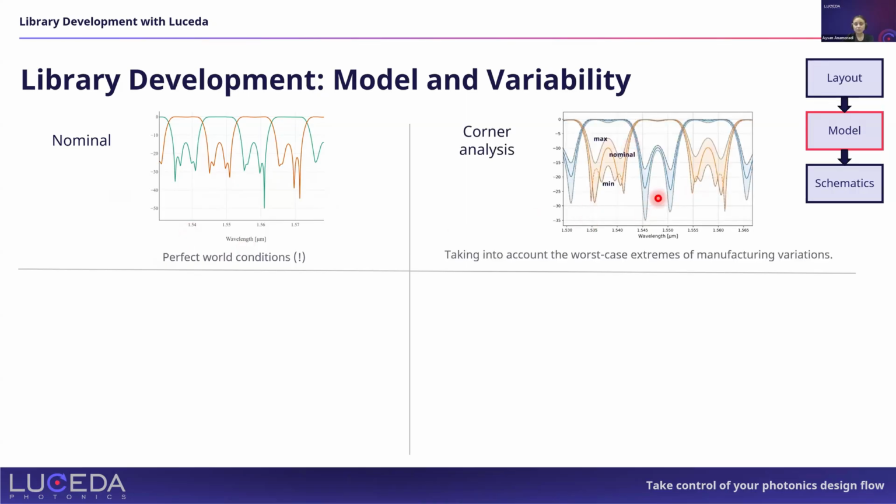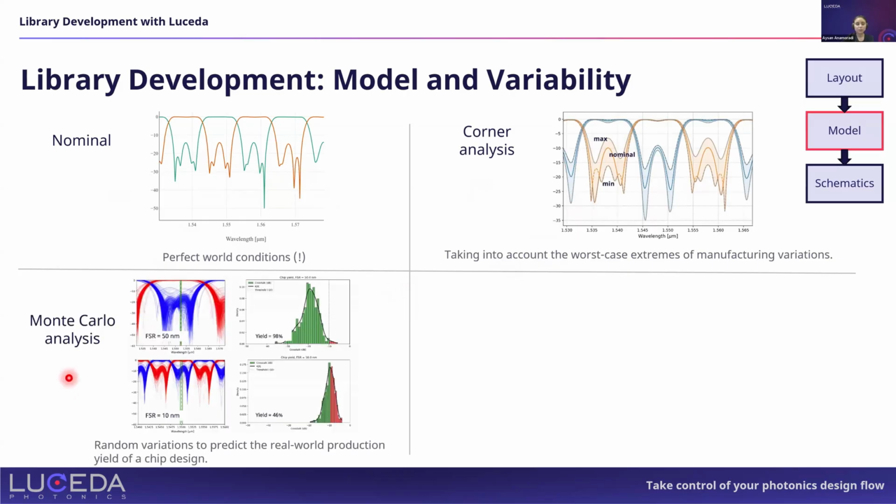So the foundries can provide information regarding the variation of their processes, and so the designers can take into account the worst case extremes of manufacturing variations, which is called a corner analysis.